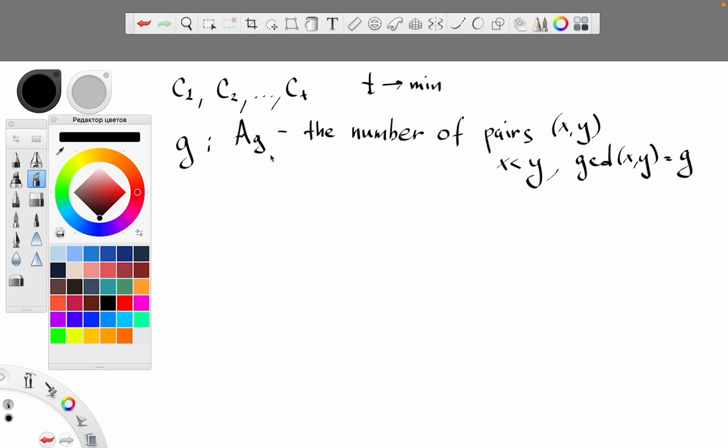So we will be able to use this, when we add edges with weight g, we add g minus 1 of them edges.